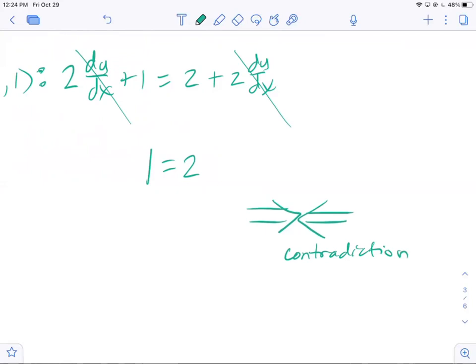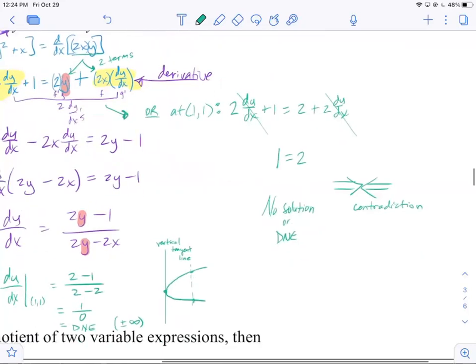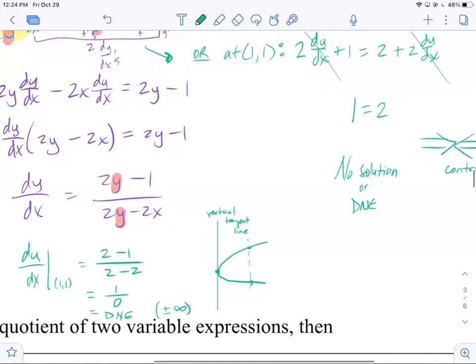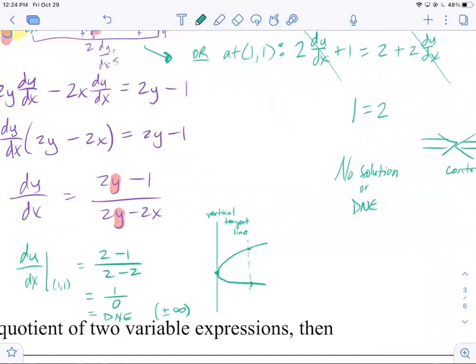What does that mean? Y'all remember from Algebra 2? No solution. All right. There's no solution, or the solution does not exist, or DNE. So it looks a little bit different, depending on how far you go. But it's the same result if you interpret it correctly.